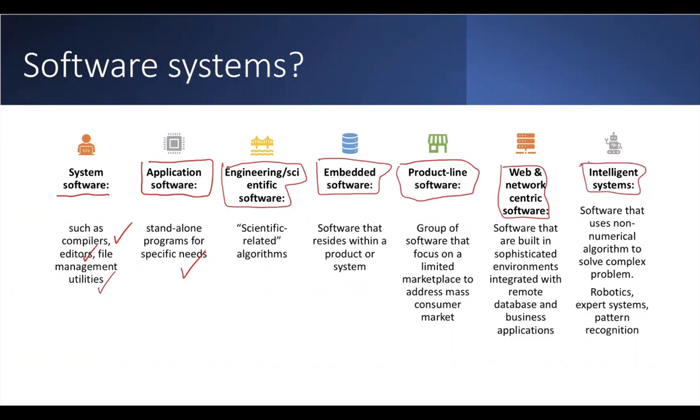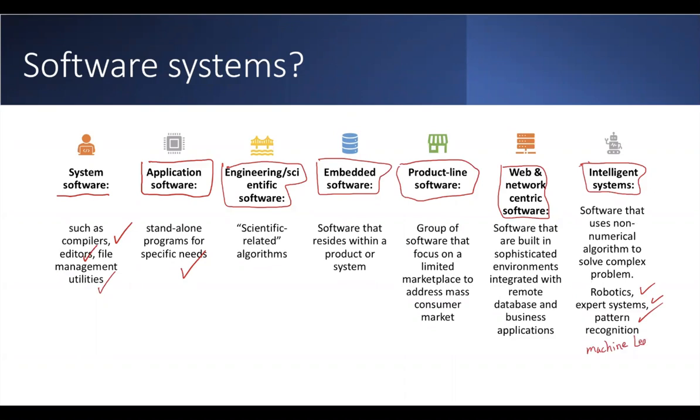a very well-known group of software that we call intelligent systems. Mainly we refer to software that uses non-technical algorithms to solve a complex problem. Examples of intelligent systems include robotics, expert systems, and pattern recognition. Let me add to this, we also have machine learning intelligent systems.